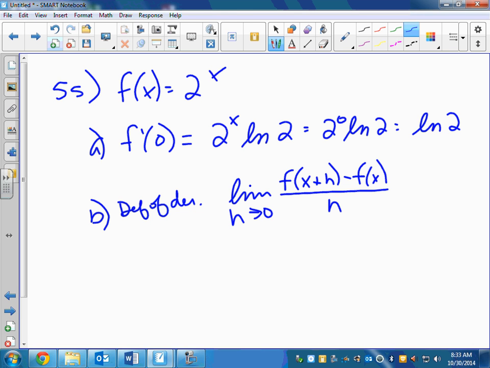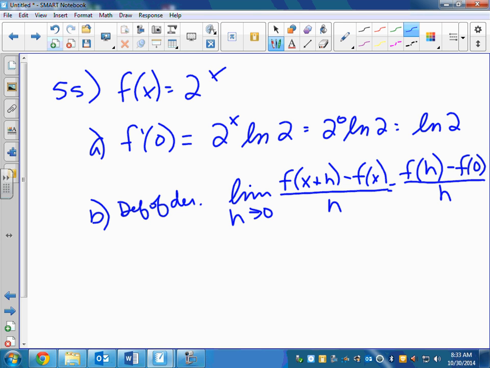And so it says write the derivative at 0. So they're telling me that x is 0. So I can even go as far as saying I'm just going to do f of 0 plus h, which is f of h, minus f of 0 all over h.